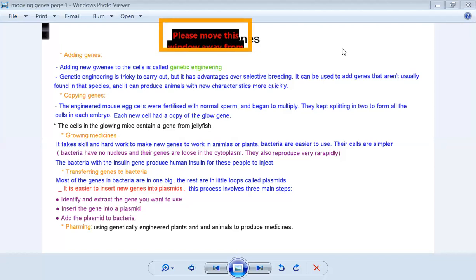Yesterday, in the previous biology lesson, we studied Darwin's theory of evolution. We said that members of a species have different characteristics, many different useful and non-useful characteristics.